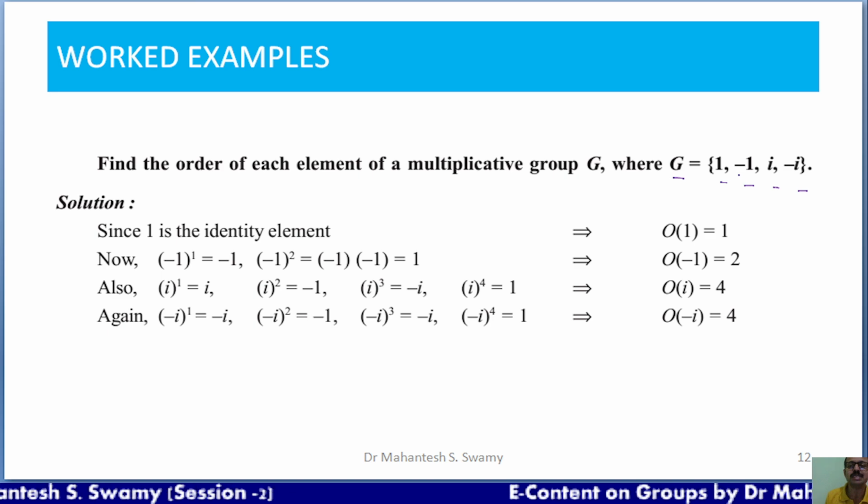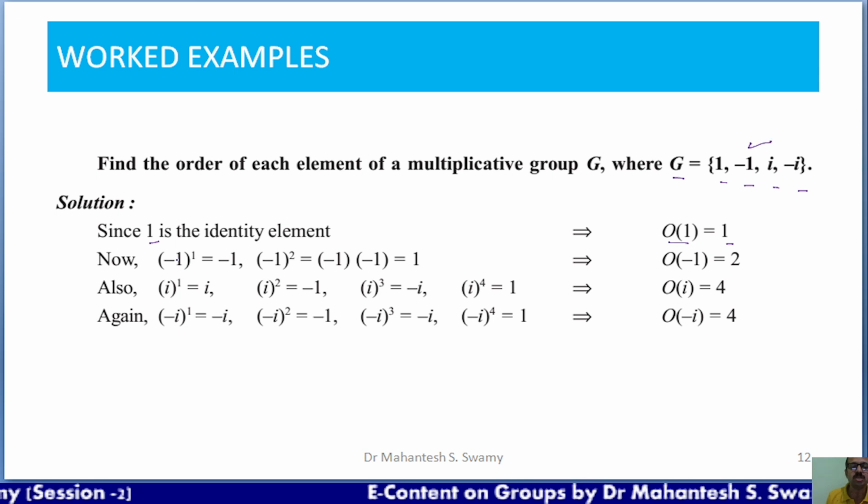Since 1 is the identity element under multiplication, 1 to the power 1 is 1. Therefore, the order of 1 is 1. Consider the second element in the set, that is minus 1. Minus 1 to the power 1 is minus 1, but minus 1 to the power 2 is plus 1. Therefore, the order of minus 1 is 2.